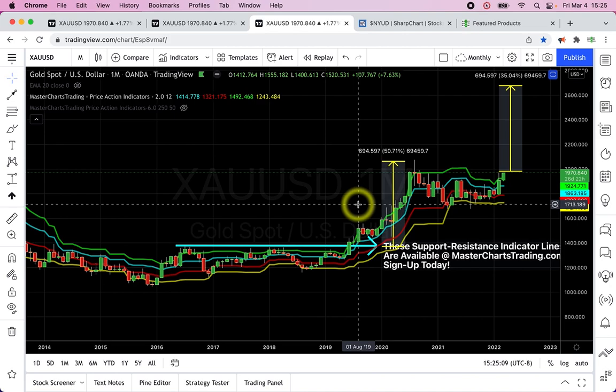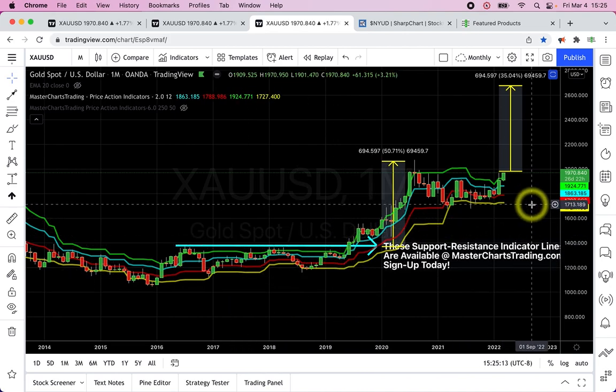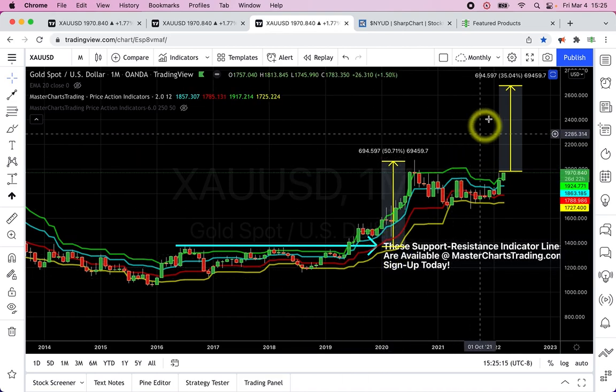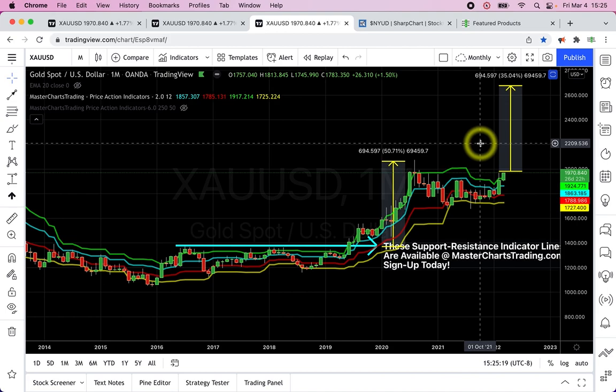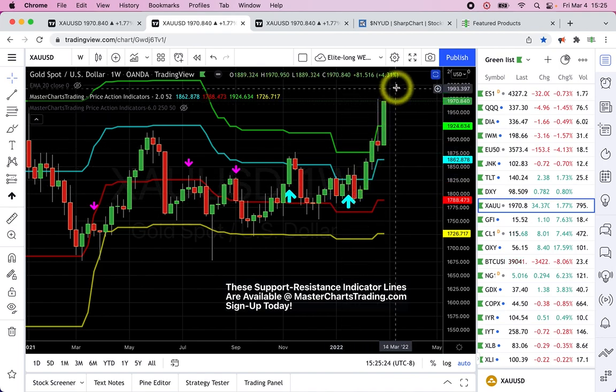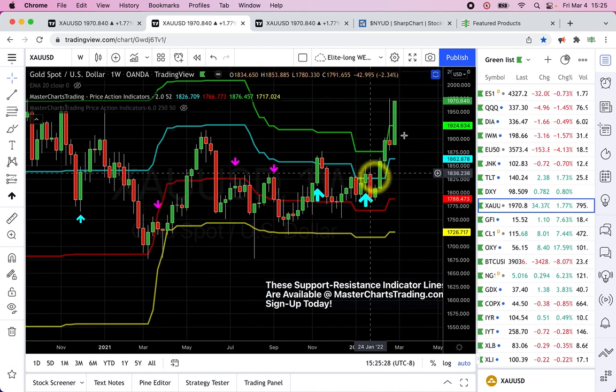This is a measured move kind of technique, and you can argue where to draw the lines and all that, but that's just a normal kind of ballpark figure. We're long gold already, so if it goes to 2600, that's wonderful for our positions.